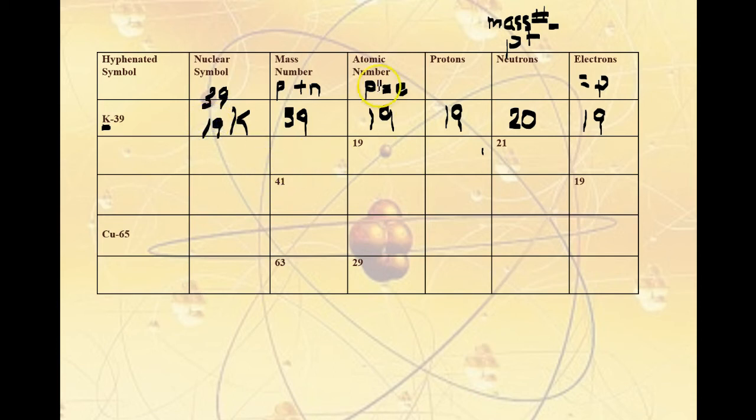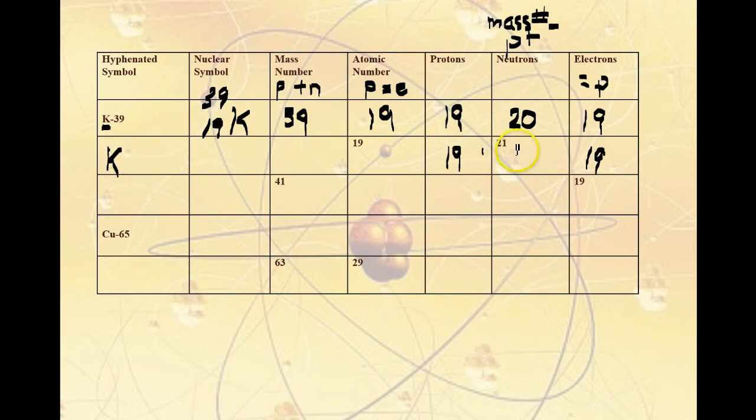So let's go to the next one. We have atomic number 19. Well, atomic number is equal to the number of protons. That's also equal to the number of electrons. We look on the periodic table and we see that that is potassium.